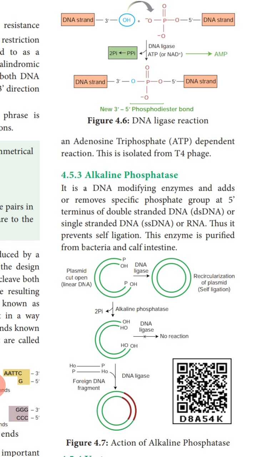Only when the particular sequences come together can they be joined. So this prevention of joining is controlled with the help of alkaline phosphatase. This enzyme is obtained from some bacteria, or from calf intestine.